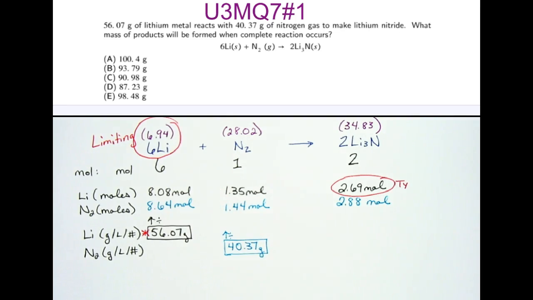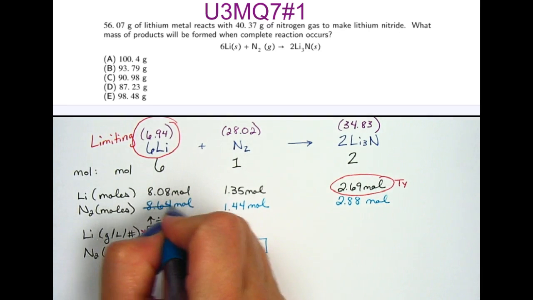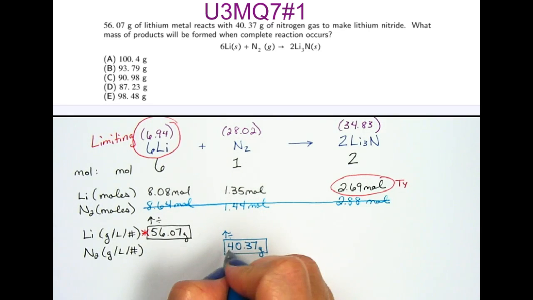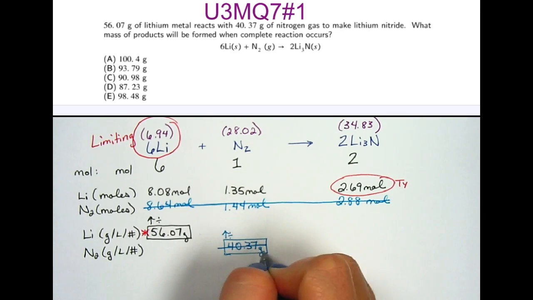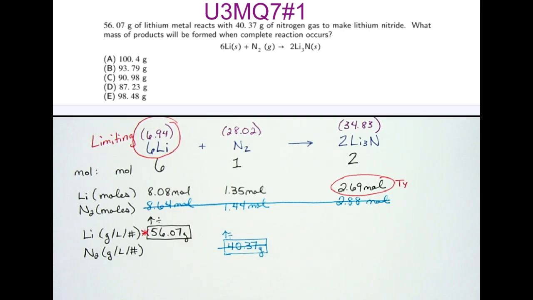So I really don't need anything based off of my nitrogen because it's the excess reactant. I may use this amount if I wanted to determine the amount of excess left over, but since we don't want to do that, we're going to not worry about that information.